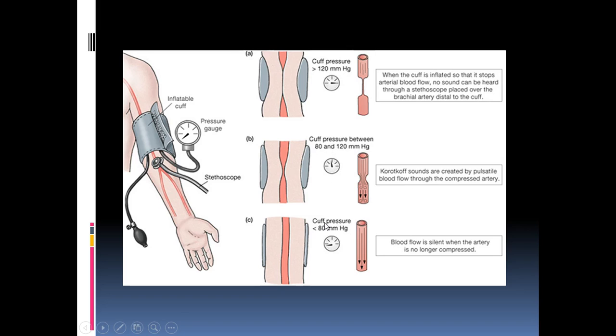The unit of pressure in the sphygmomanometer is given as millimeter mercury. So the average normal blood pressure is usually around 120 for the upper reading and 80 for the lower reading.